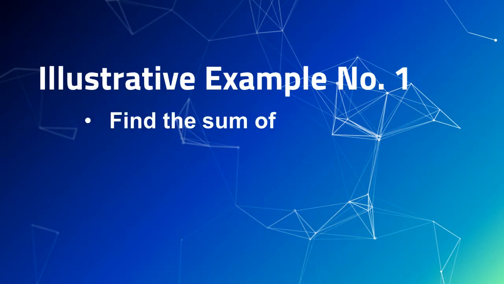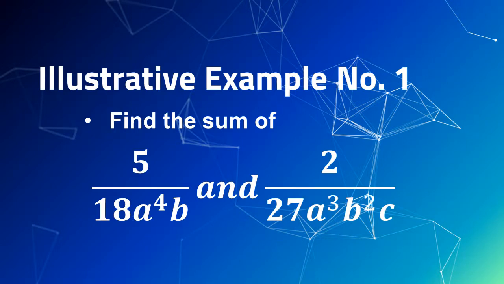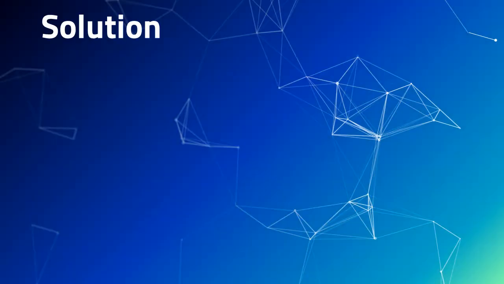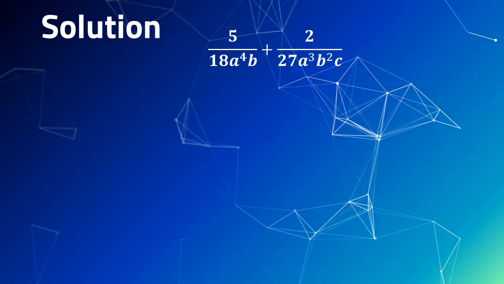We're going to find the sum of 5 over 18a raised to 4b and 2 over 27a raised to 3b squared c. So our solution: we have 5 over 18a raised to 4b plus 2 all over 27a raised to 3b squared c.